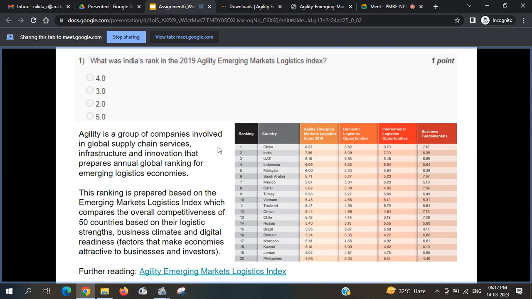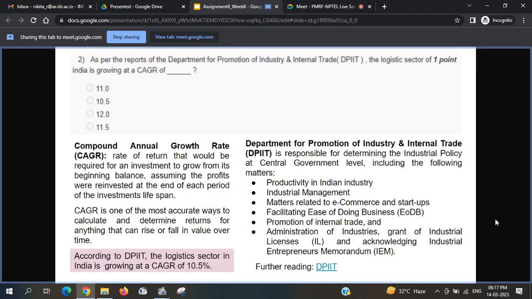I hope this is clear to you. So according to the 2019 index, India ranks the second. I hope this question is clear, and I hope you understood how to access the additional resources which I have added for further reading. So we'll move on to the next question.